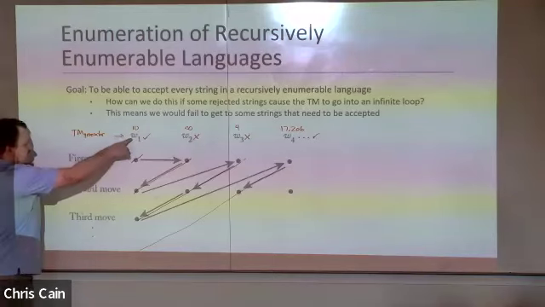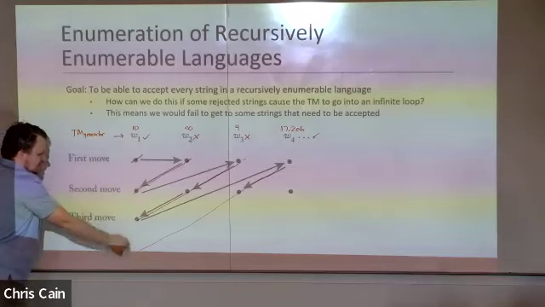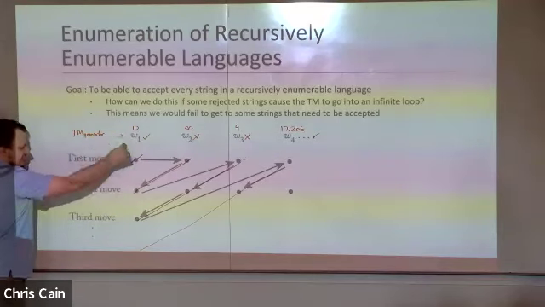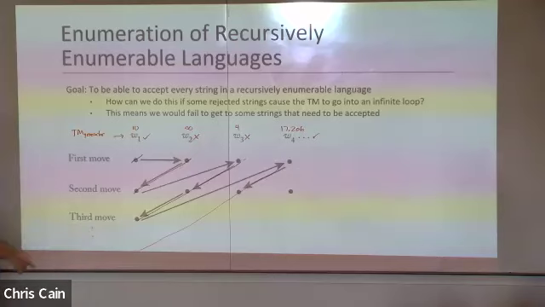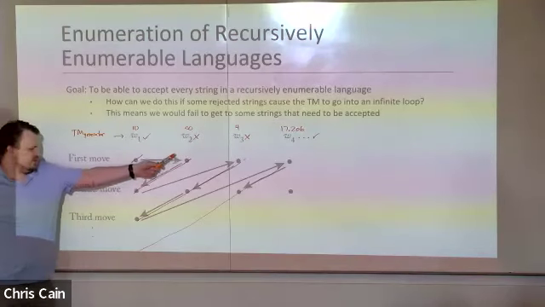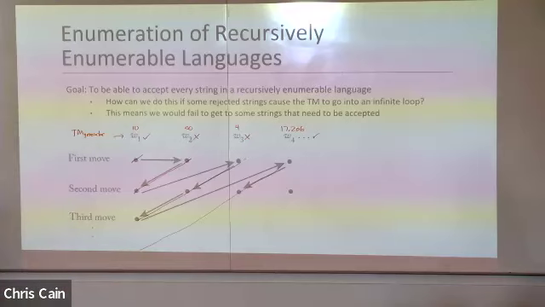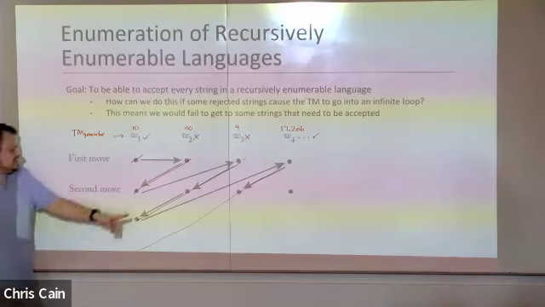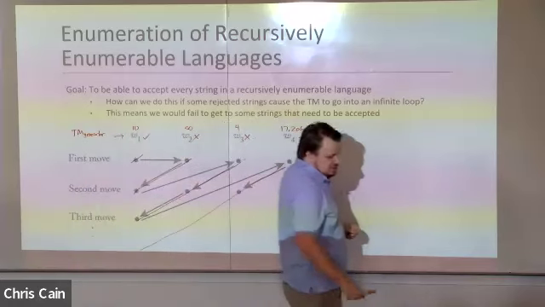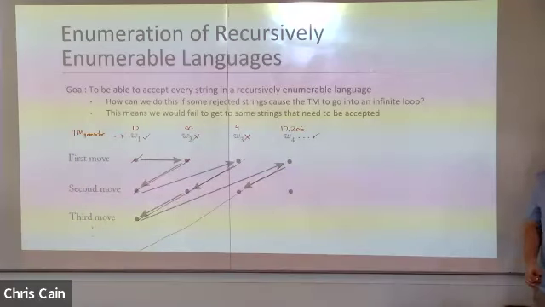So the idea here is that this process, this column, stops after 10 rows. After 10 moves, we terminate and can determine that W sub 1 is in the language. This will never terminate, so no matter how far we go, we will always need to continue simulating, because I'm saying this isn't in the language, but we don't actually know that until this terminates.